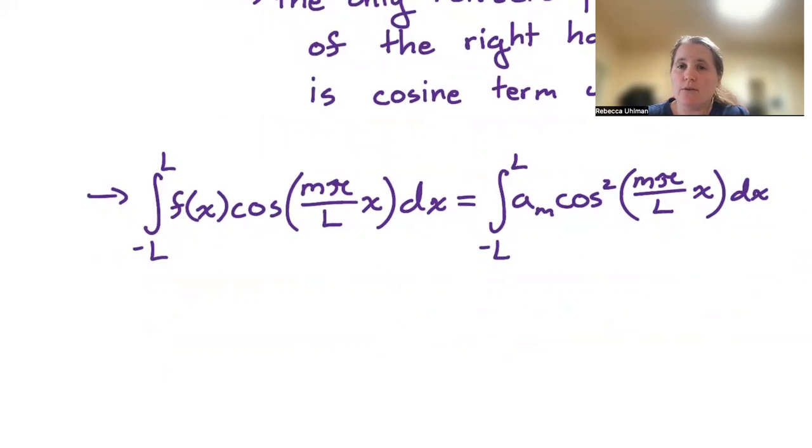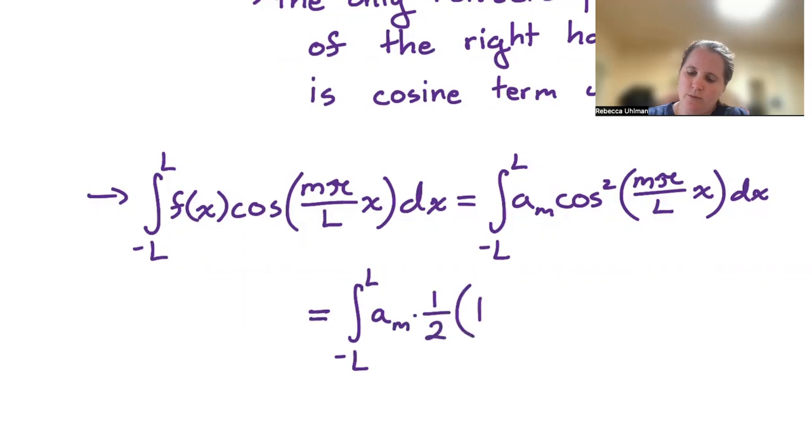But we can go ahead and use our trig identities and take this integral. Using our double angle formula, this becomes the definite integral from negative L to L of a sub n times 1/2 times 1 plus cosine of 2m pi over L x dx.